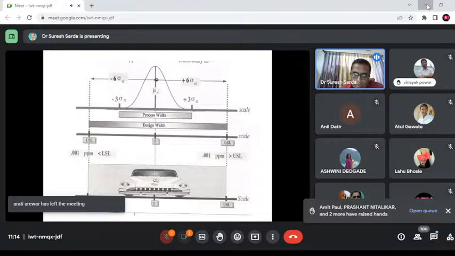Means how many products are accepted at 3 sigma level. Then, 6 sigma originated at Honeywell company. True or false? 6 sigma focuses on the customer. True or false? What does the Greek symbol sigma represent? What is the meaning of sigma?